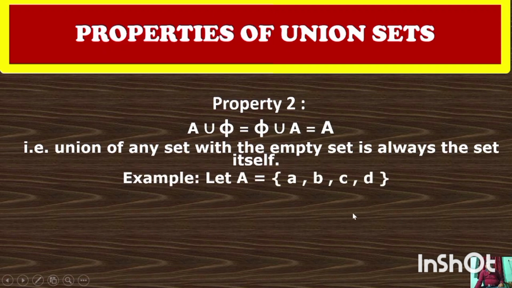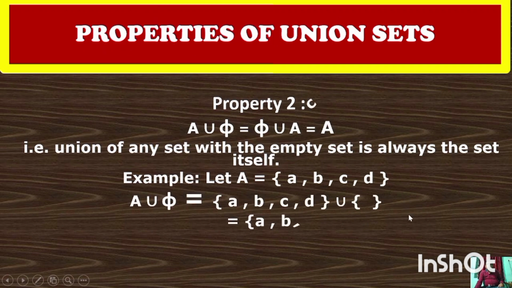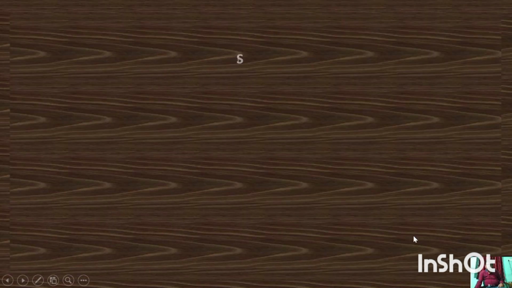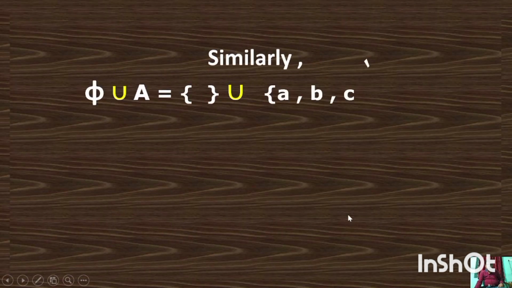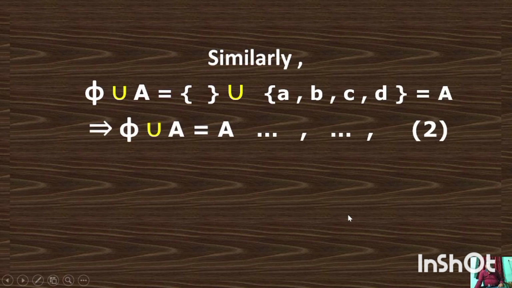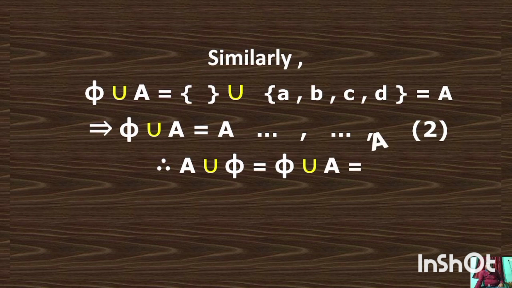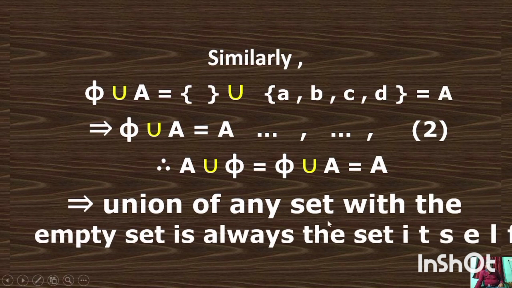For example, let the set A be equal to {A, B, C, D}. Then A union phi is what? It is the same set A. Similarly, phi union A is also A, thus we get A union phi is equal to phi union A, which is the set A. This is another fundamental property of the union set: the union of any set with the empty set is always the set itself, right?